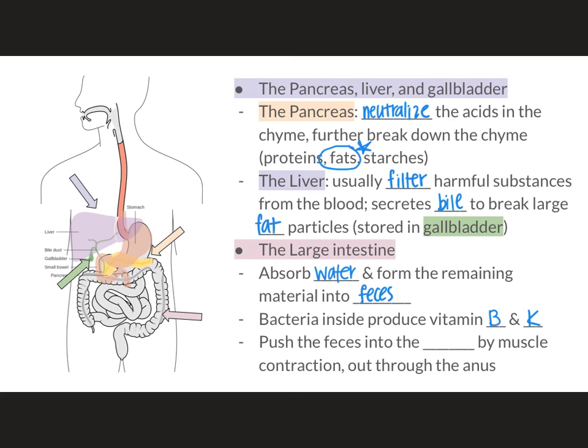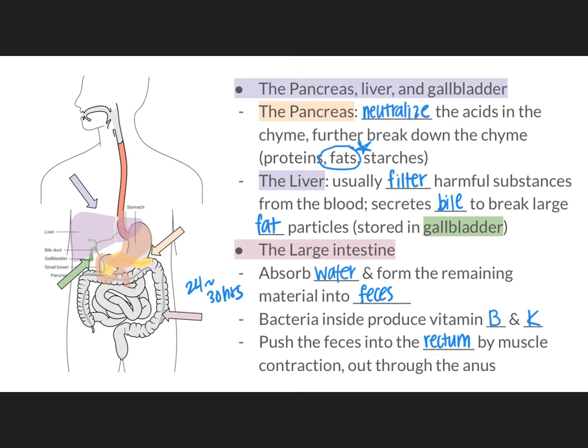After going through many hours inside of the large intestine, usually those extra materials stay in there for about 24 to 30 hours. And then your large intestine will have contraction movement to push the feces into the rectum by muscle contraction.